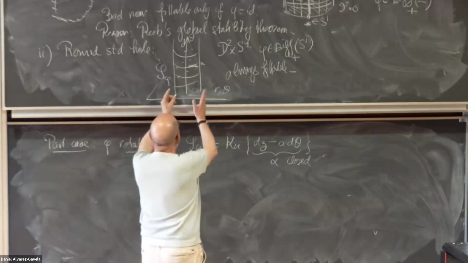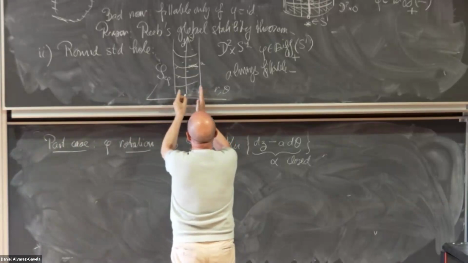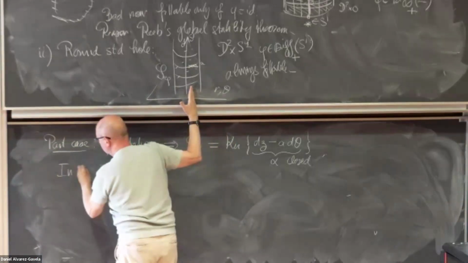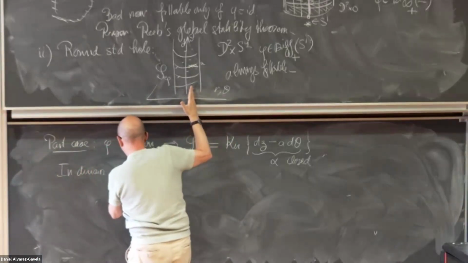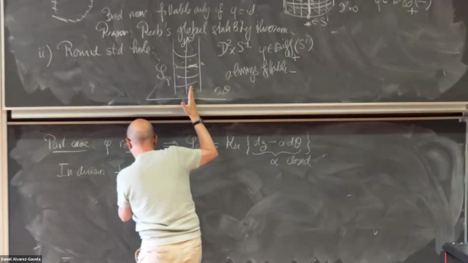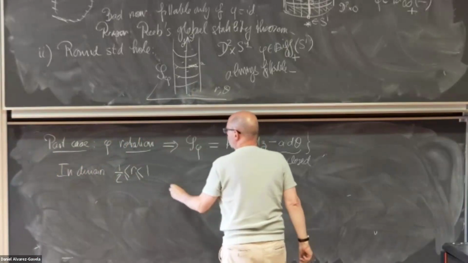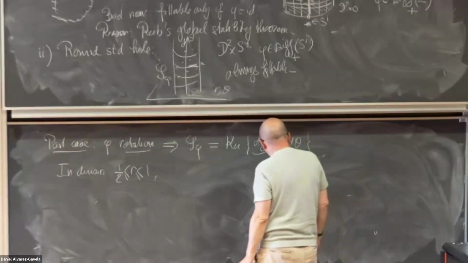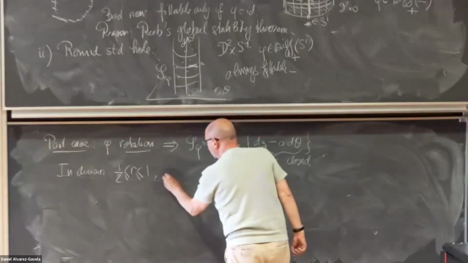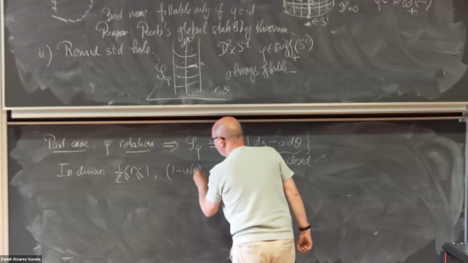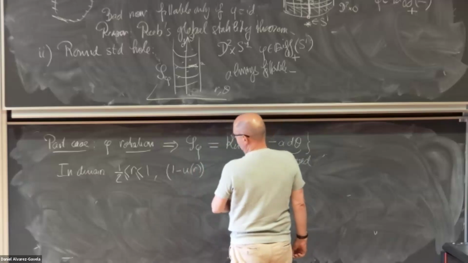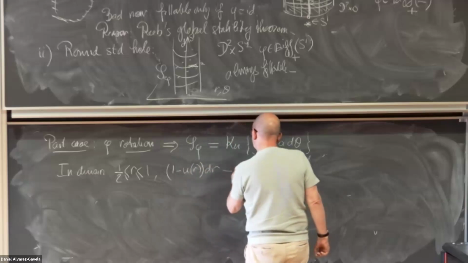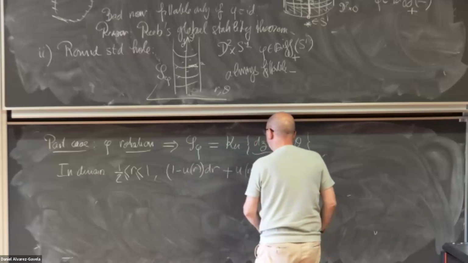So you consider the solid torus minus a smaller solid torus. That is the domain r between 1/2 and 1. You can give a formula that will give an integrable one-form, namely (1 minus u of r) dr minus or plus u of r alpha, is that correct?